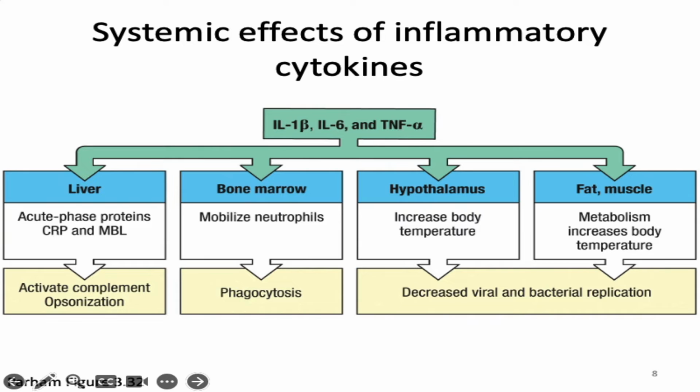And when they act on the liver, it starts making a bunch of proteins called the acute phase proteins. Guess what the acute phase proteins are? Basically, they're complement. And so the cytokines are signaling to the body, hey, there's something going on. Maybe we should make more of those complement proteins. They might be useful around now. And so we're suddenly going to get production of additional complement proteins.